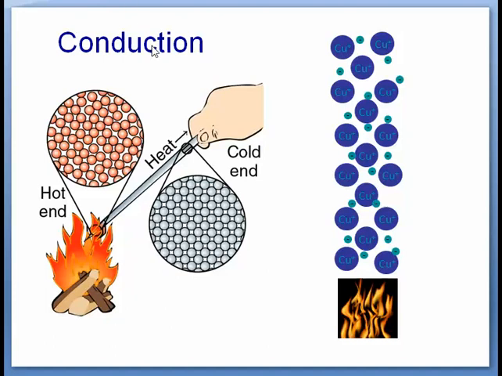We had seen in practical way that when an iron rod is brought in contact with a heat source at one end, after a span of time, when a steady state is achieved, the other end also gets heated up. This is because of heat transfer through conduction.